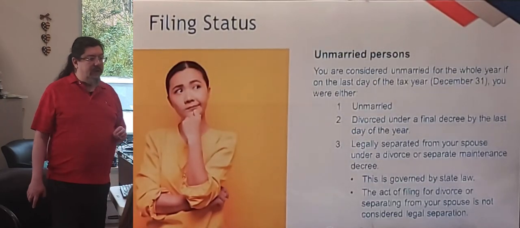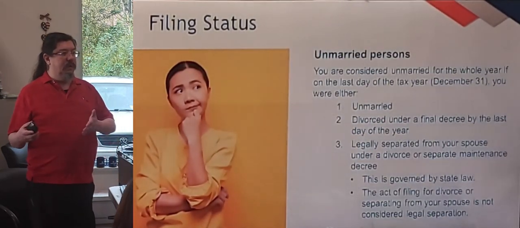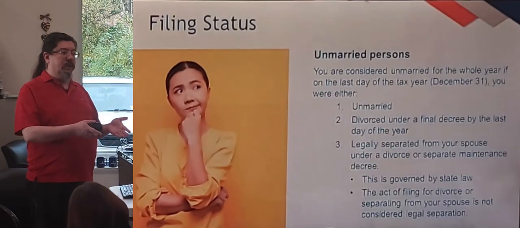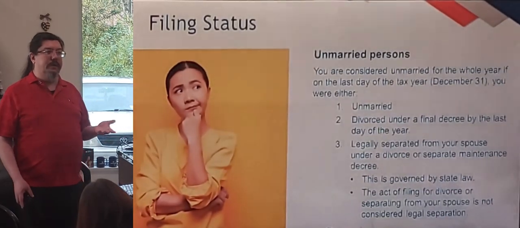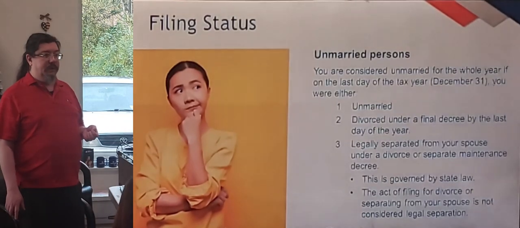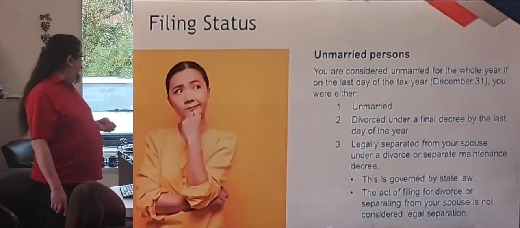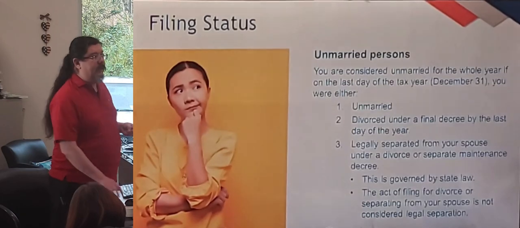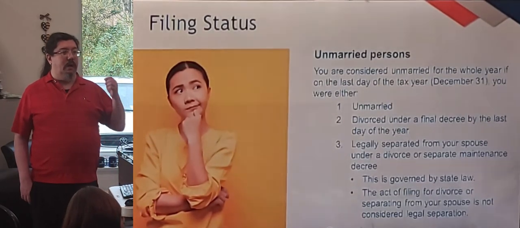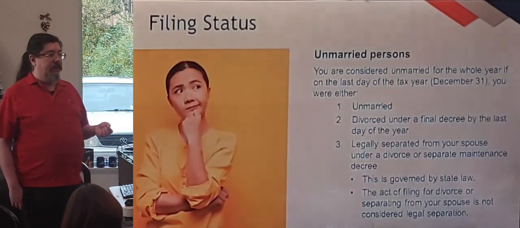Okay. So your filing status, because there's single and then there's married, either filing jointly or separately, it's obviously going to depend on your marital status at the end of the year. So it's always based on your marital status on the end of the year, December 31st.